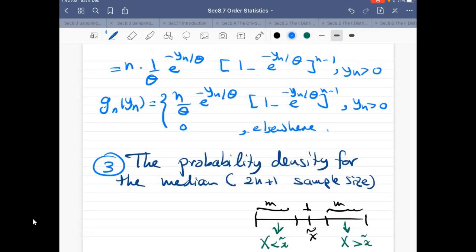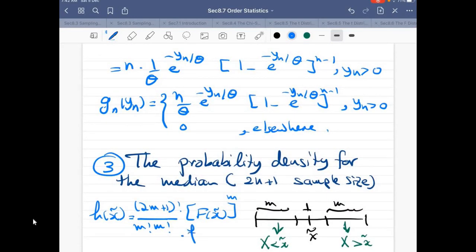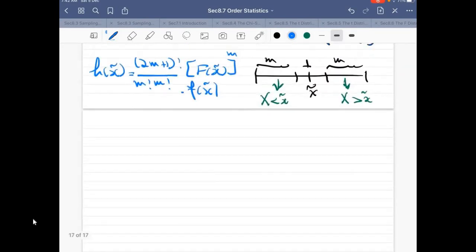Okay, so the density h for the median, we permute them all: n plus 1 factorial divided by n factorial into n factorial, and the probability of x less than the median will be the CDF power n, times the density at the median, times the probability to be greater than the median, 1 minus F capital at the median, power m. Of course the median is one of the values, it is greater than 0.